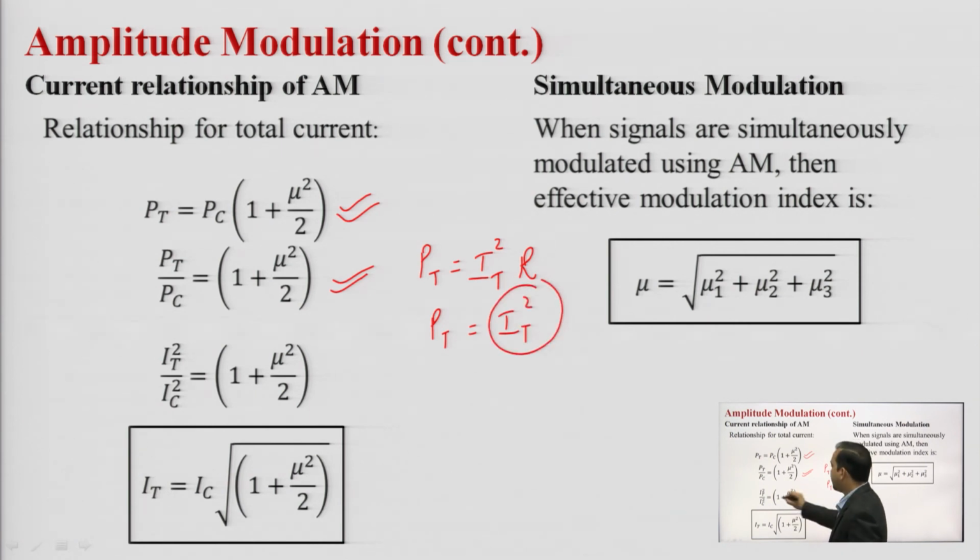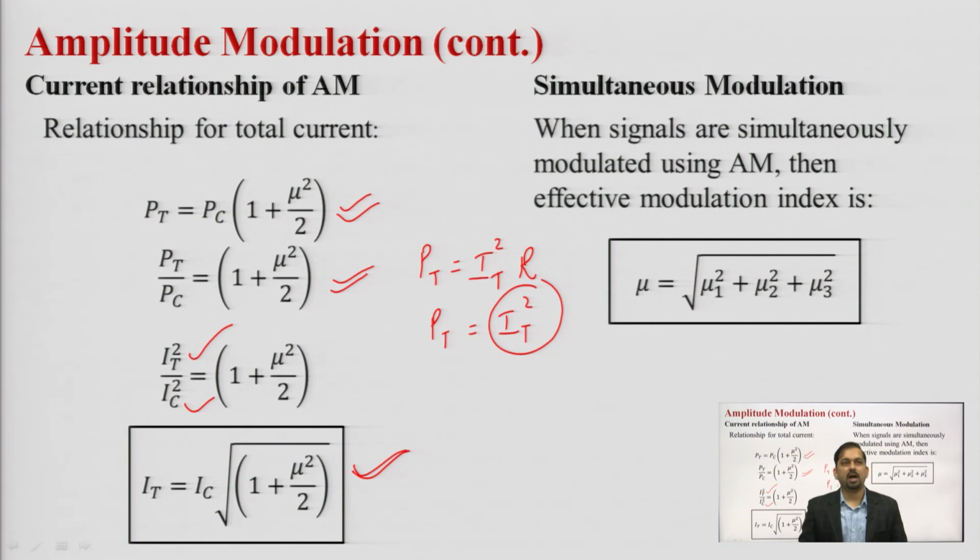So, we put IT square here and IC square here. This gives us a relationship between the total transmitted current in terms of the carrier current: IT equals IC under root of 1 plus mu square by 2.